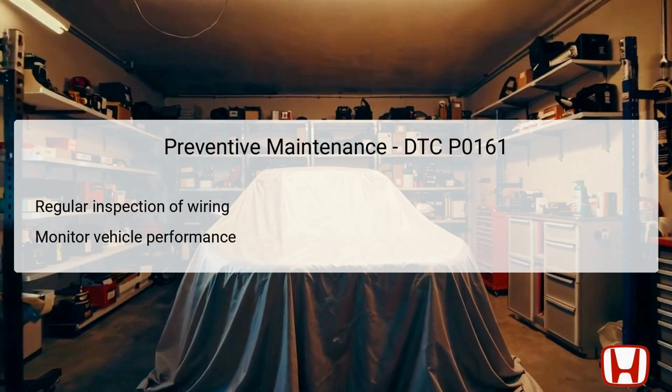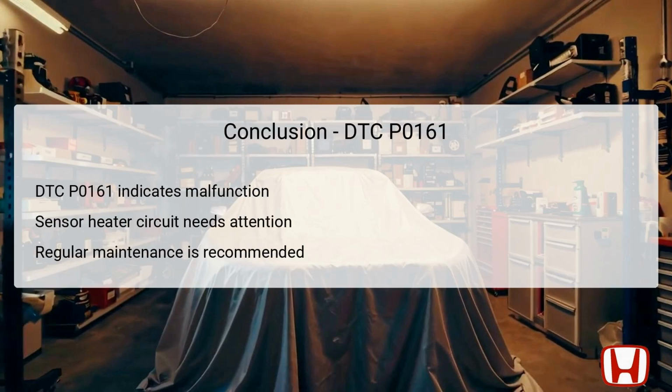In conclusion, DTC P0161 indicates a critical malfunction in the front secondary heated oxygen sensor's heater circuit. Understanding the role of this sensor and its components is vital for effective troubleshooting and repair.